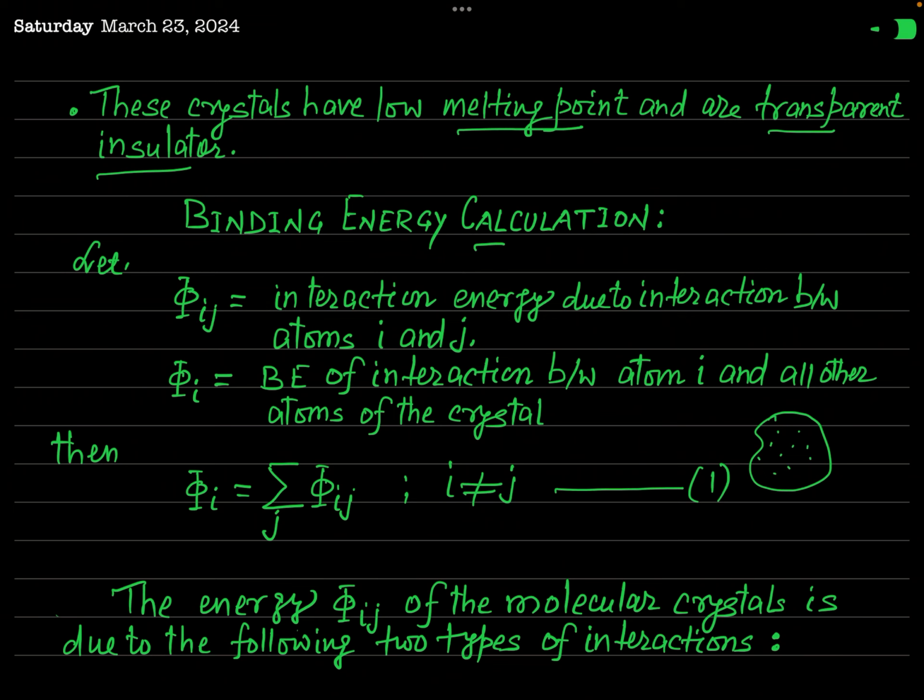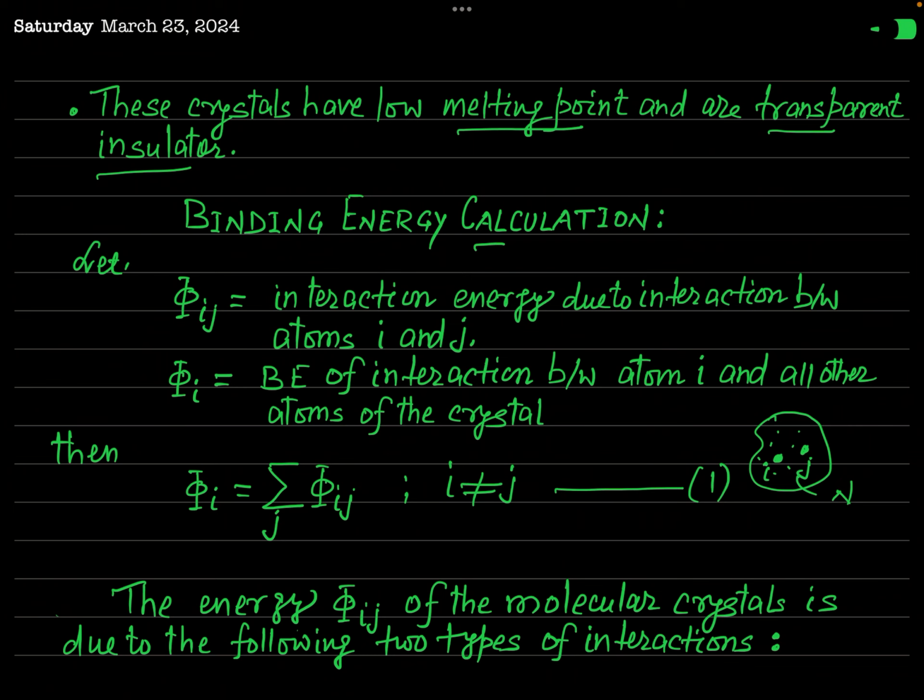Let us say the total number of atoms in this specimen is N. For the calculation of binding energy, we consider at first two atoms. Let us say this is our ith atom and this is jth atom. This is assumed for calculation.